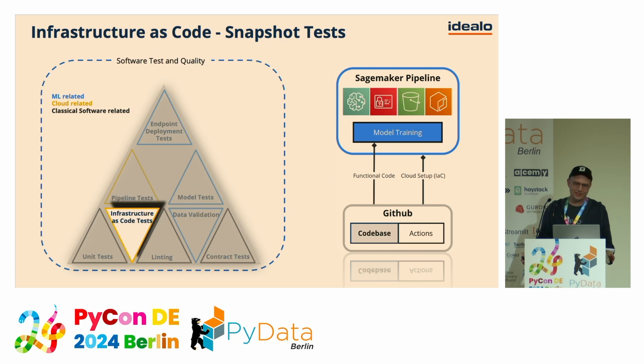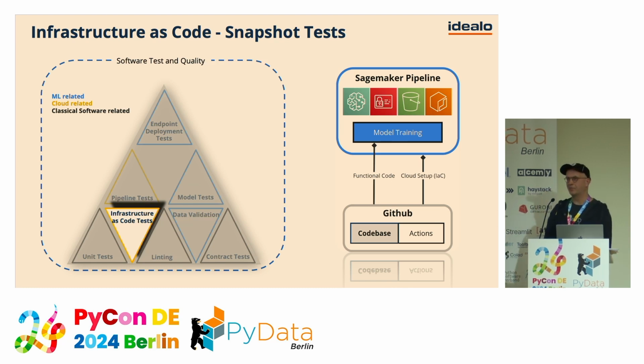The next tests we do are infrastructure as code tests with snapshot tests. As you can imagine, all the infrastructure of our pipeline is running in the cloud. In our case, infrastructure means that we use CloudWatch for logging and monitoring our SageMaker components.